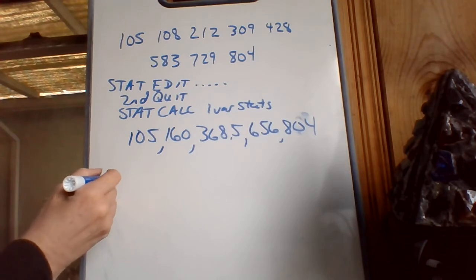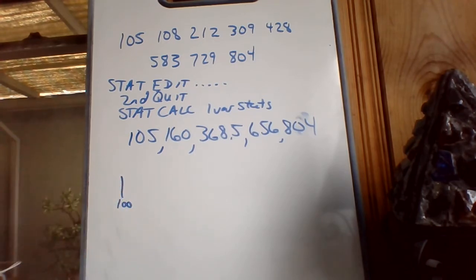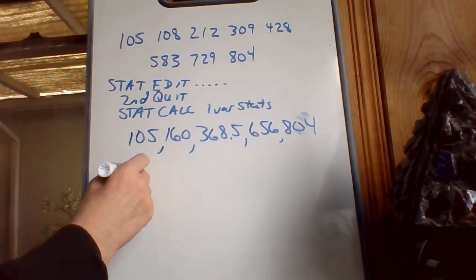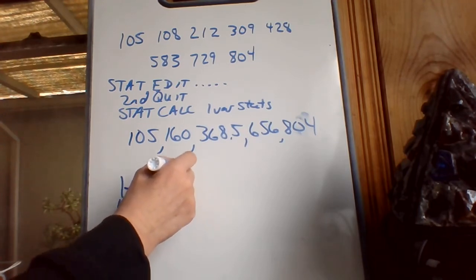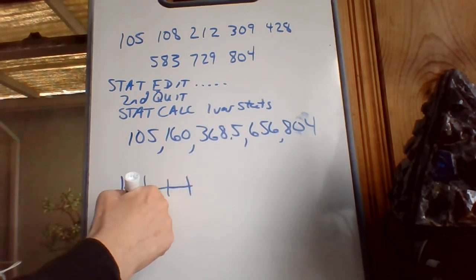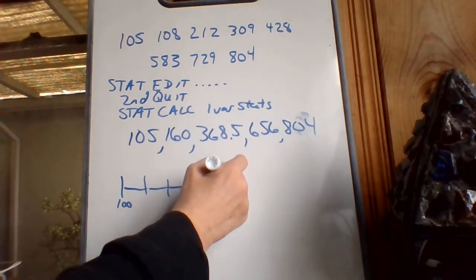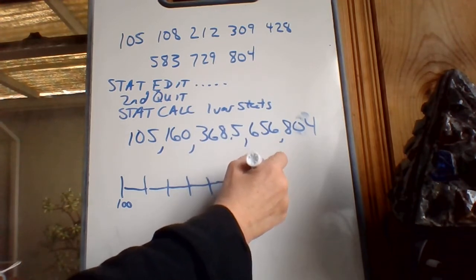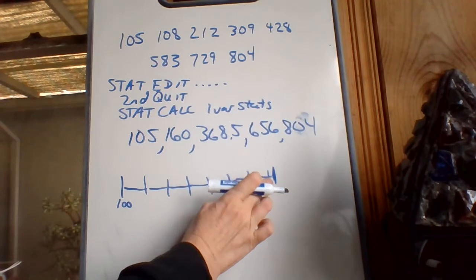Now, it doesn't start at 100, but I'm going to start at 100 right here. And I'm just going to mark things off kind of equally until I get to 800. So 200, 300. It's supposed to be to scale. So 200, 300, 400, 500, 600, 700, 800, and so 804 is a little bit beyond there.